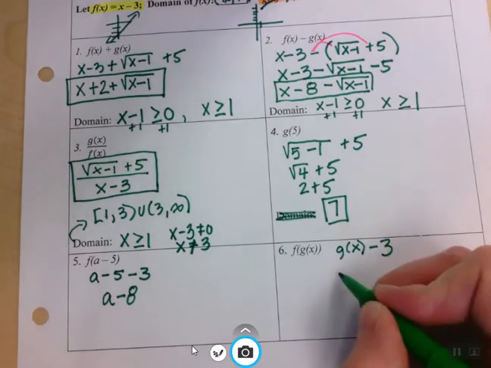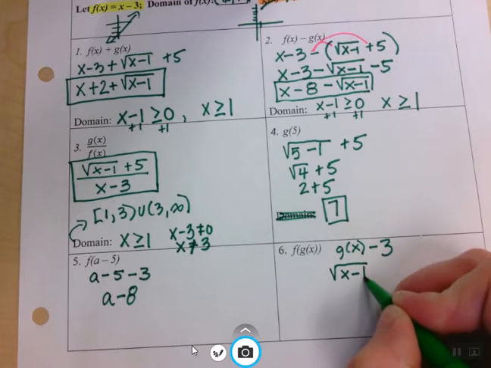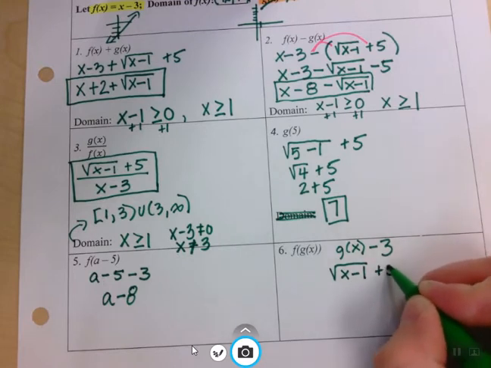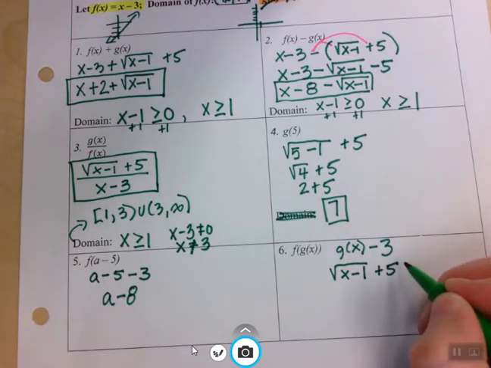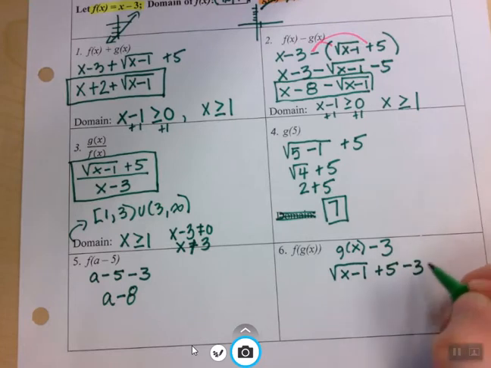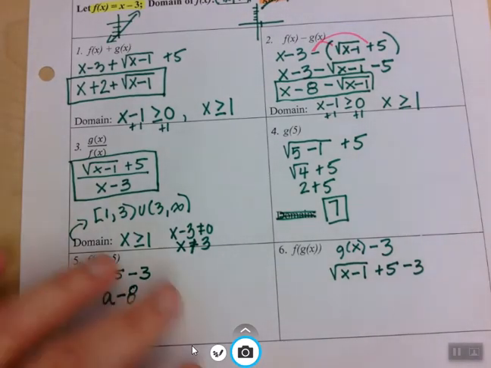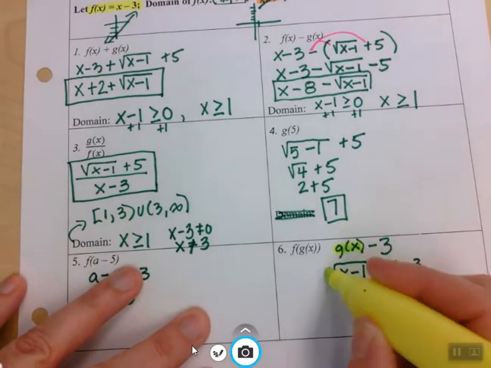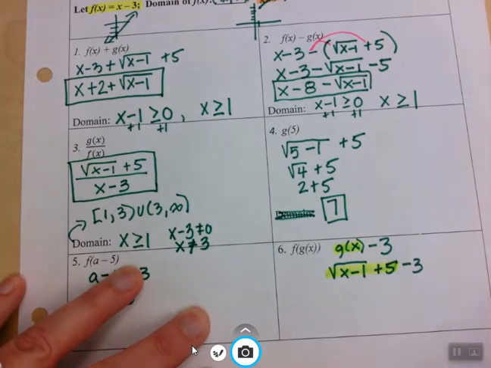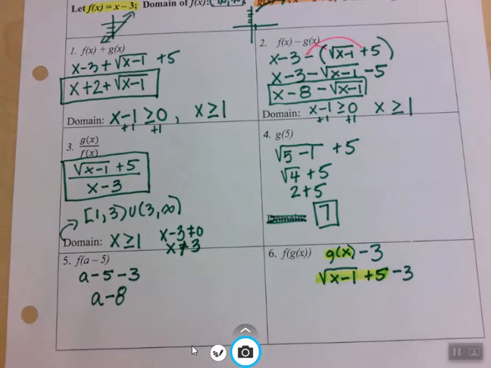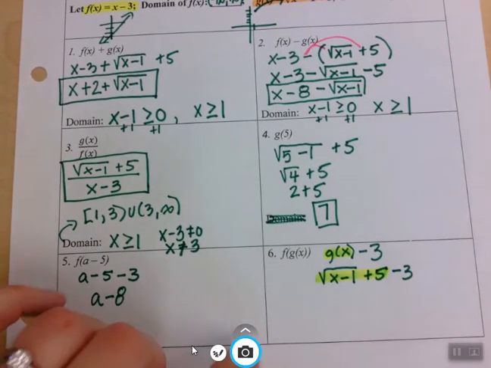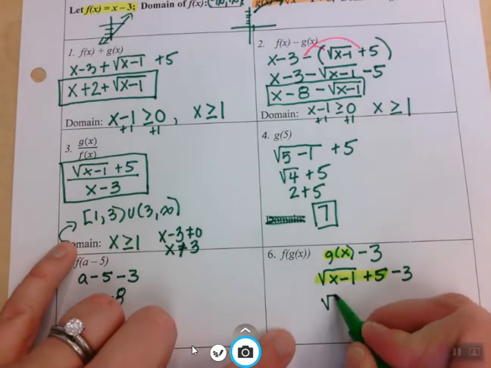So we're going to have square root of x minus 1 plus 5, and then minus 3. So see that g of x was all of that. And then I just brought down the minus 3. So now I need to combine 5 minus 3. 2. Good.